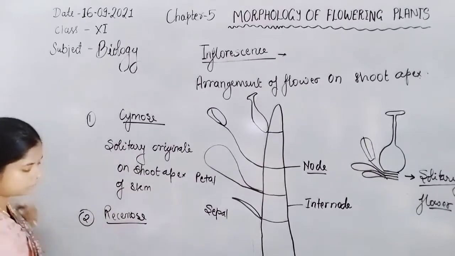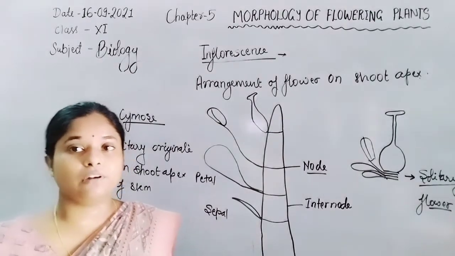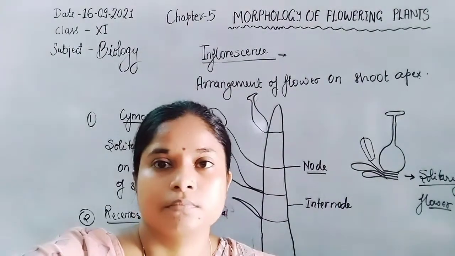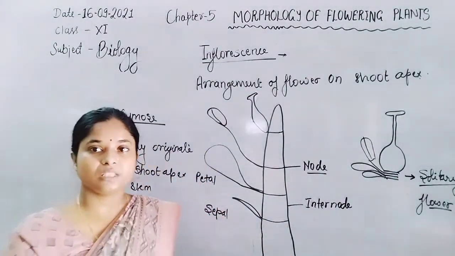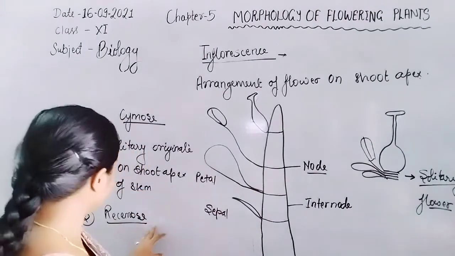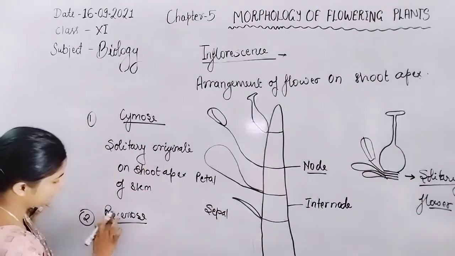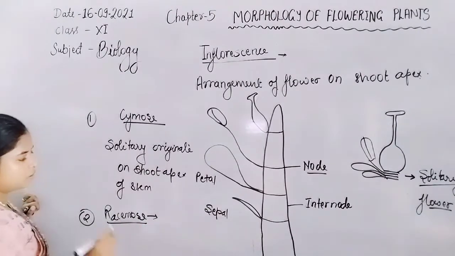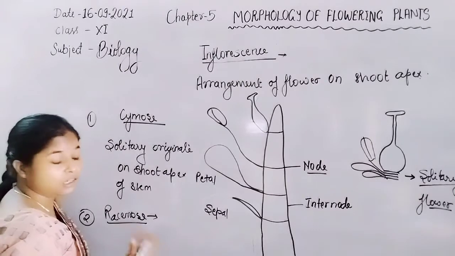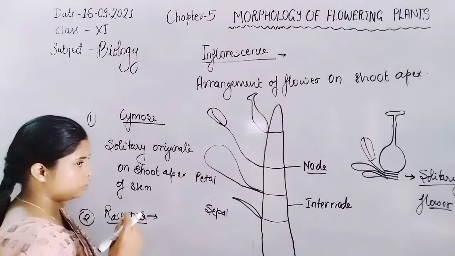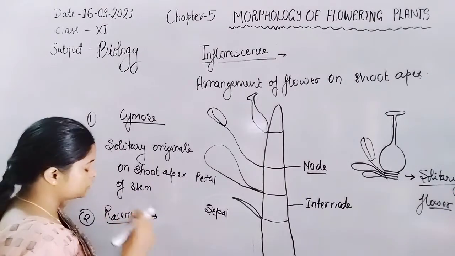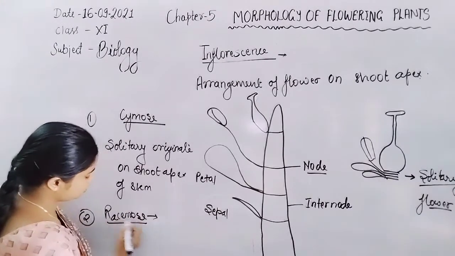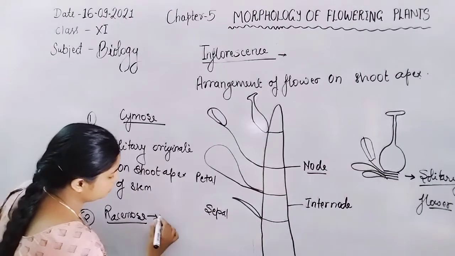Racemose type of inflorescence. In the racemose type of inflorescence, in case of racemose, more than one flower is arranged on a single shoot or single stem. Such type of arrangement is known as racemose type of arrangement of flower.